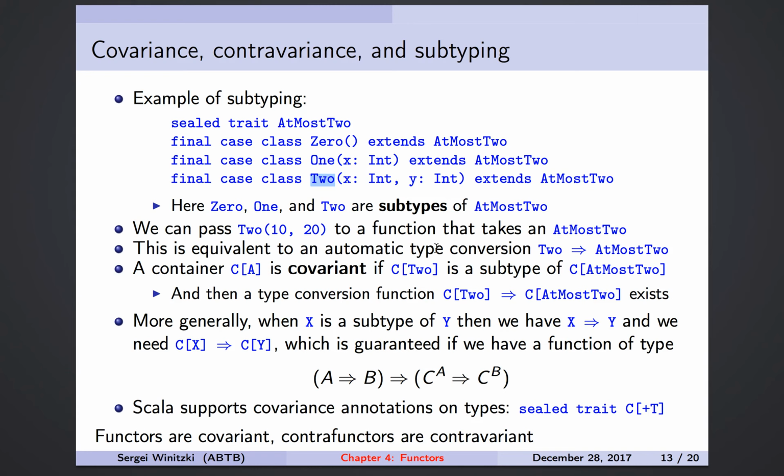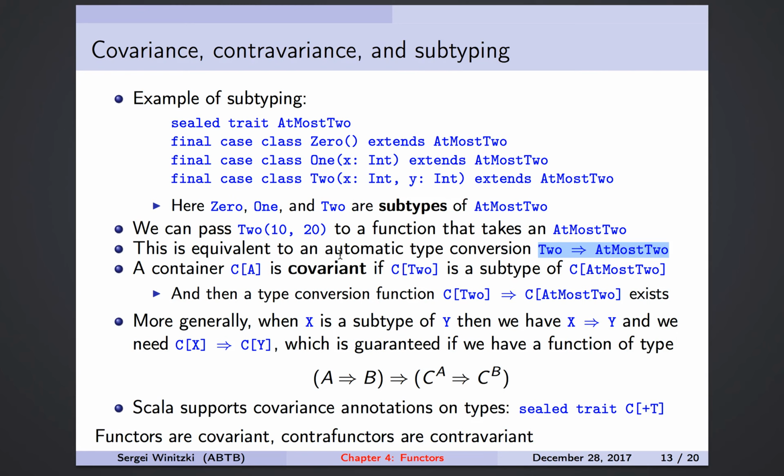And so you can think about it as having always an automatic type conversion of this sort whenever you need it. And so this looks like a function of this type that's always available. It never needs to be written out explicitly. But we could write it out explicitly if we wanted to. And we will in a second.